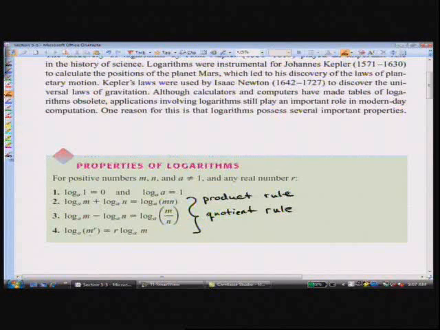And then the power rule: when you take the log of a base to an exponent, the logarithm brings that exponent out in front, and so you have r log base a of m. So this is called the power rule. These are some properties that we're going to play with in your homework. You're just going to be applying these rules, and sometimes you combine them together.